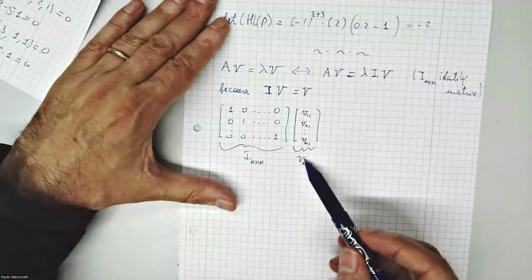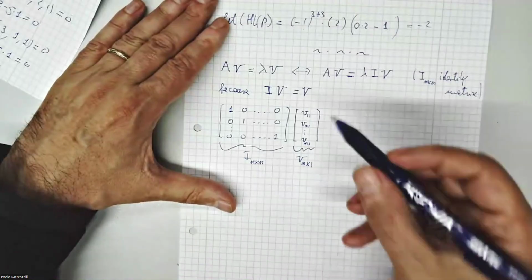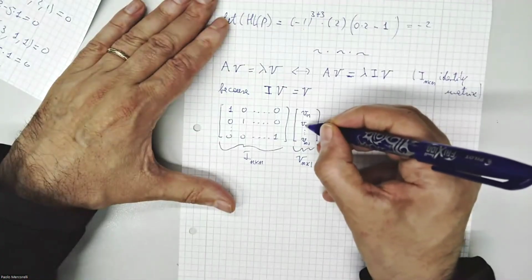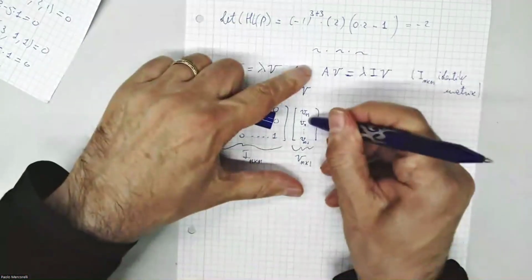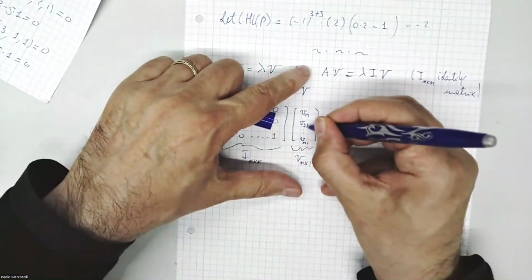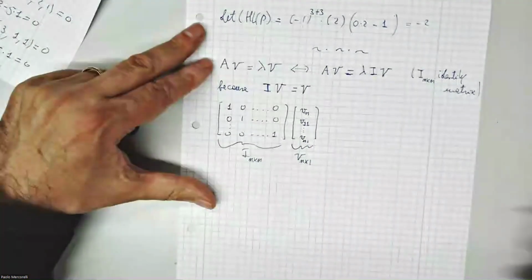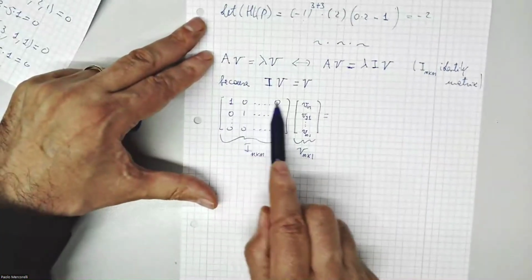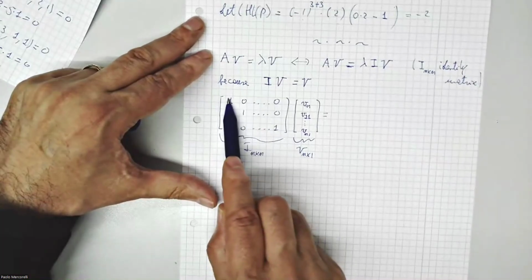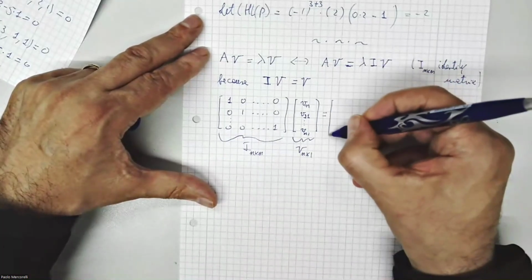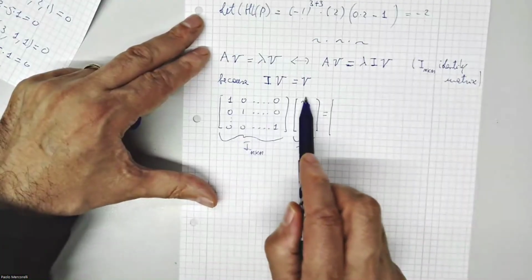N rows, 1 column. Please pay attention, in accordance with the definition, row multiply column. Look here, row multiply column.